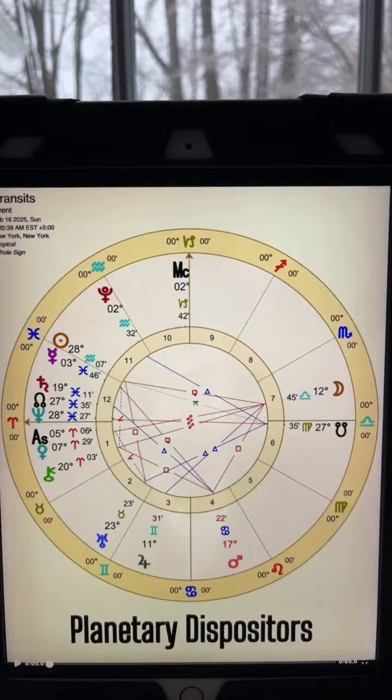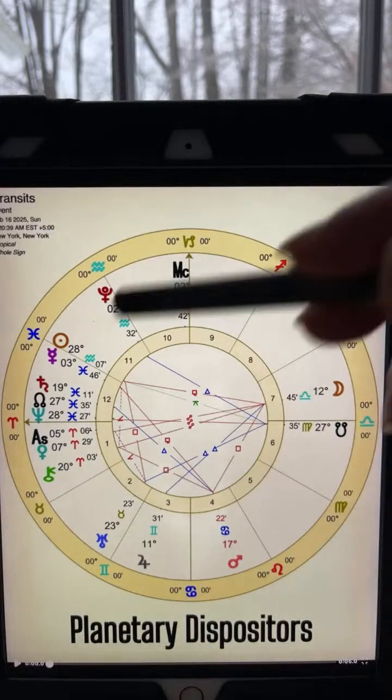It's a difficult sign and house. We can think about that as being because it's so far away from Capricorn, but I also think that understanding the dispositors is a really good way to understand why Mars is a little uncomfortable right now. So this is the mundane astrology.